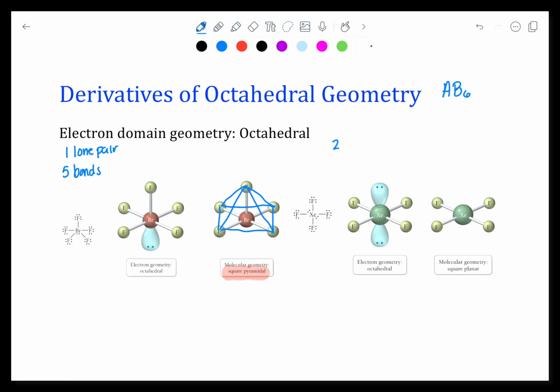Next up, we have 2 lone pairs and 4 bonds. Okay, so it's still octahedral for its electron domain geometry because it still has 6 electron domains. But now our molecular geometry, if we look at just the bonds, is a square planar structure.